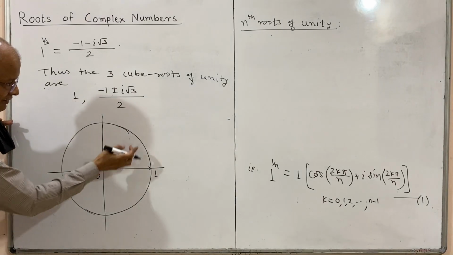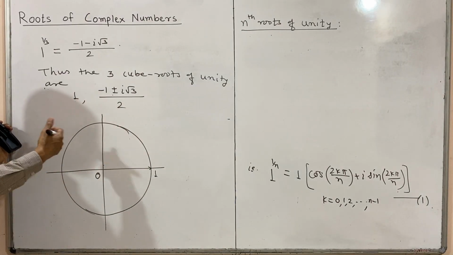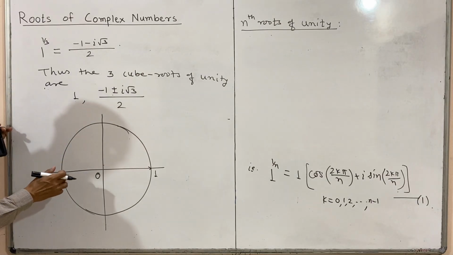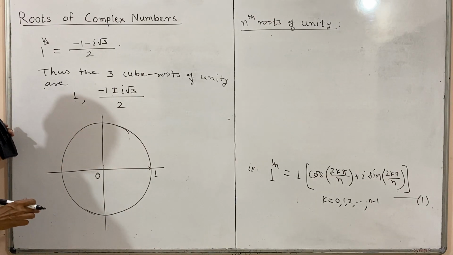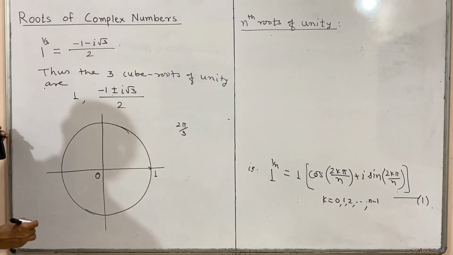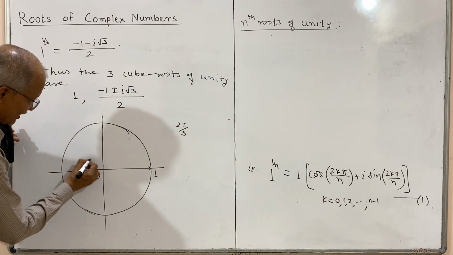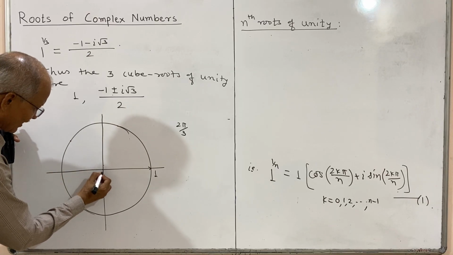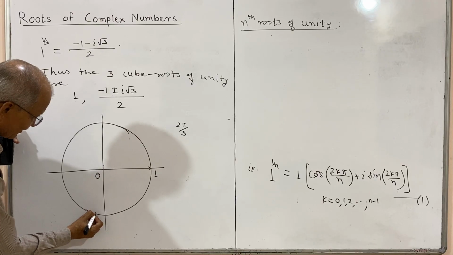These will be equally spaced on the vertices of an equilateral triangle, and each will make an angle of 120 degrees, that is 2 pi by 3. This angle will be there, and 120 degrees we may see will be approximately here, and again the third will be here.